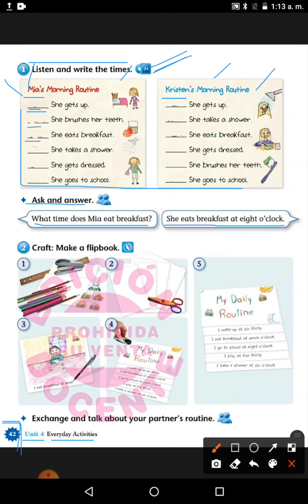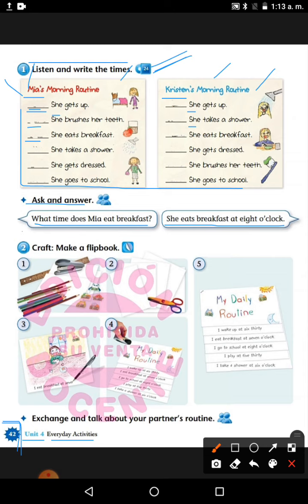So the subject pronoun here, she, is a third person singular, and when we talk in present simple and we use a third person singular as a subject pronoun, we have to add a letter S at the end of the verb, okay?